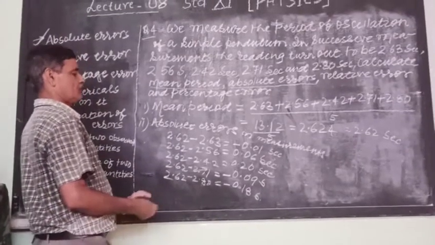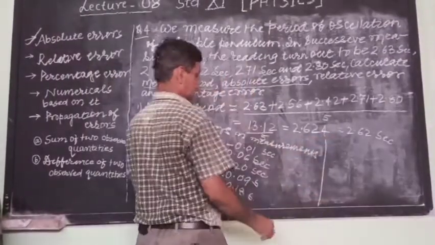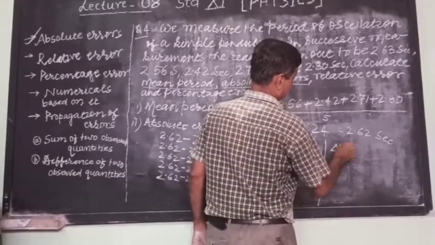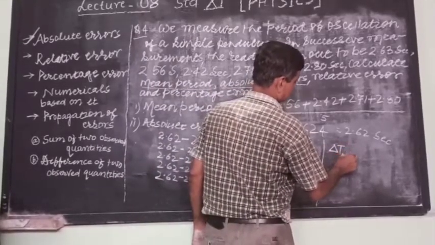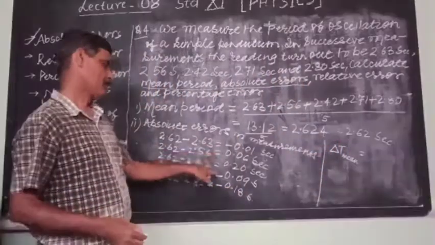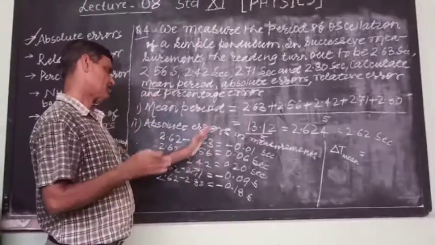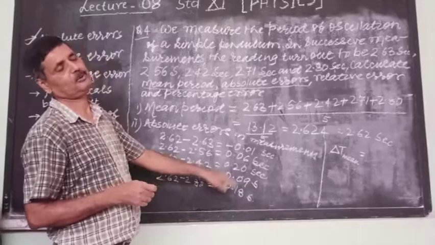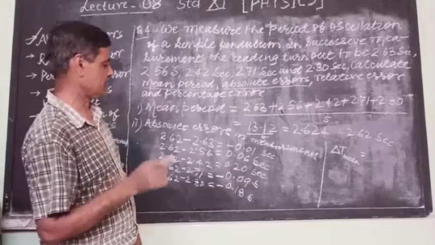So we can write the modulus of this. Remember the previous formula. The mod value is always taken positive.